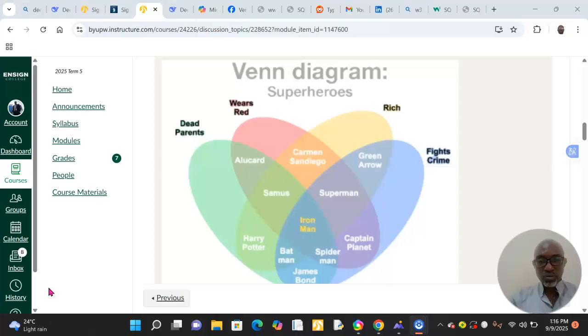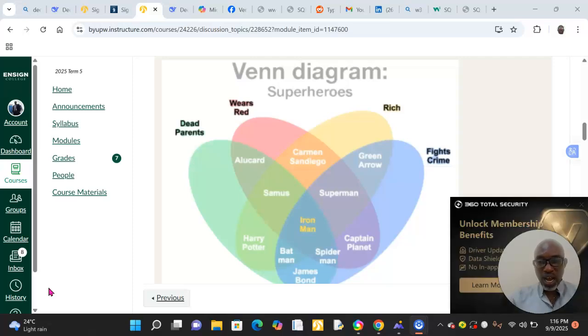Then we'll now go to left join. Left join between wears red and fight crime returns all superheroes who wear red, along with those who fight crime if they match. Then we'll now go to right join. Right join does the opposite of left join.